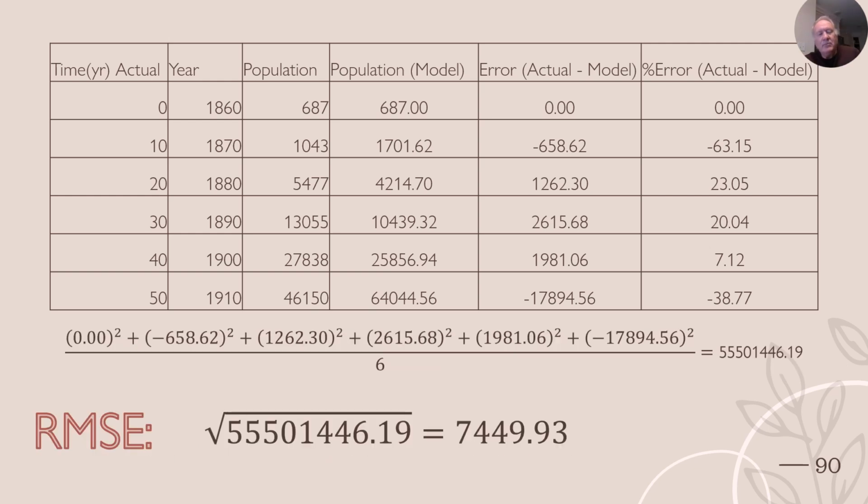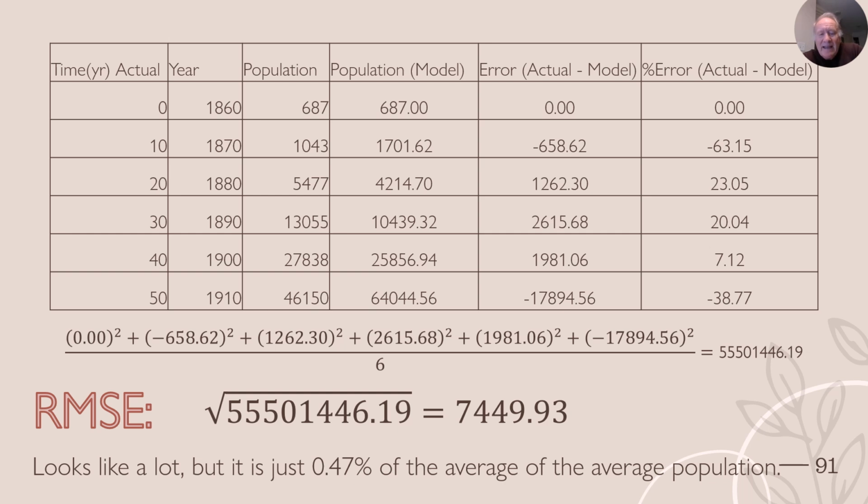If we look at the root mean square error, we'll add up all the errors squared and divide by 6. And we'll take the square root of this number, and it comes out to be 7,449. But once again, that's only about 0.5% of the average population.